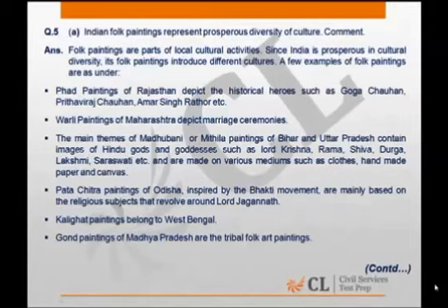So this question is a comparison between the architecture of Taj Mahal and the architecture of pre-Taj Mahal during the Mughal period.